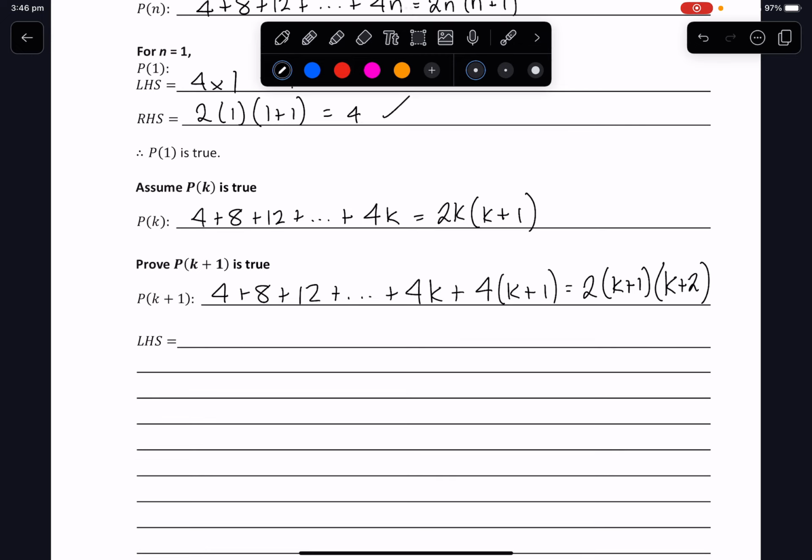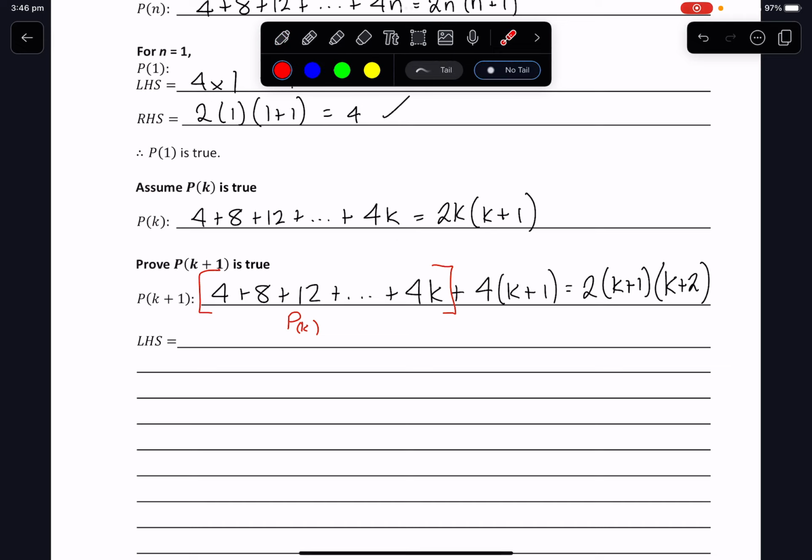All right, so we are going to actually prove this now, and we're going to look at the left-hand side and see if we can get it to match this right-hand side. If I bracket off this little section here, we notice that that bit there is actually P(k), the left-hand side of P(k) up here.